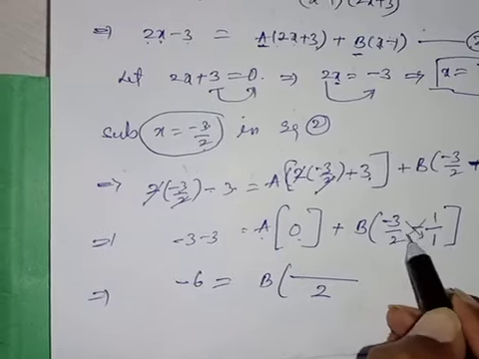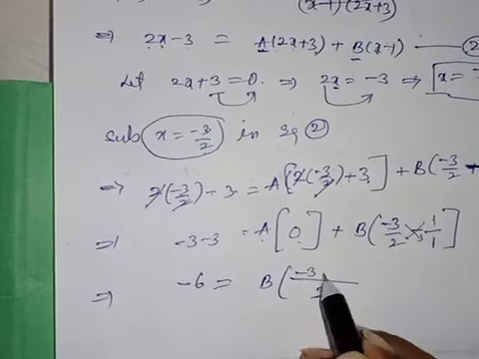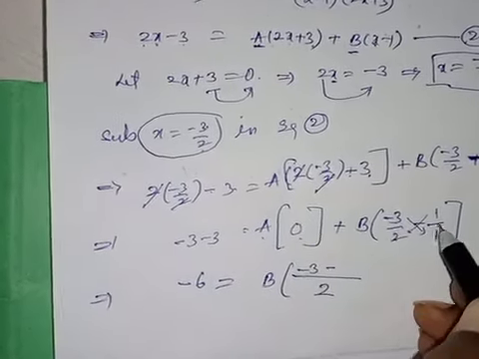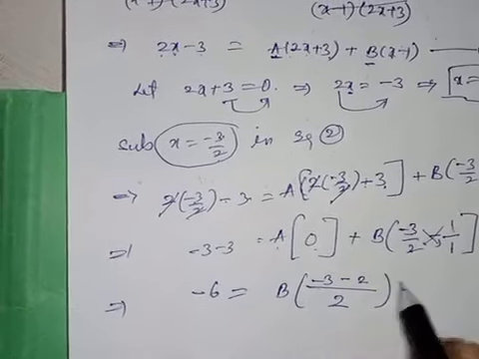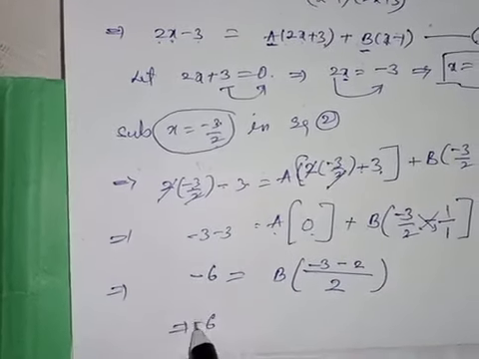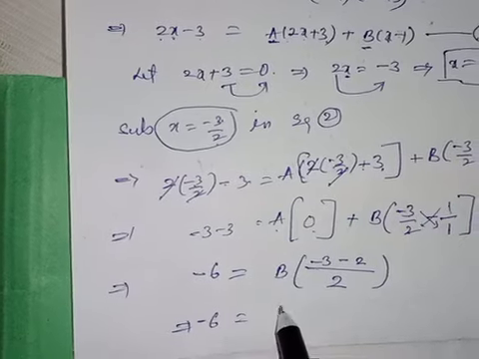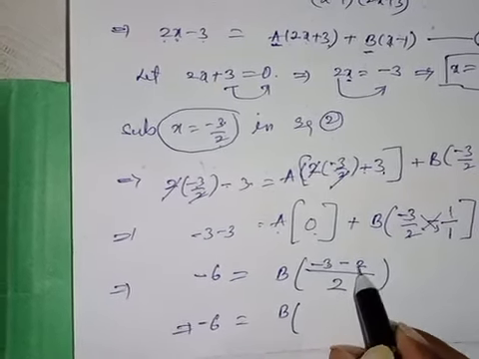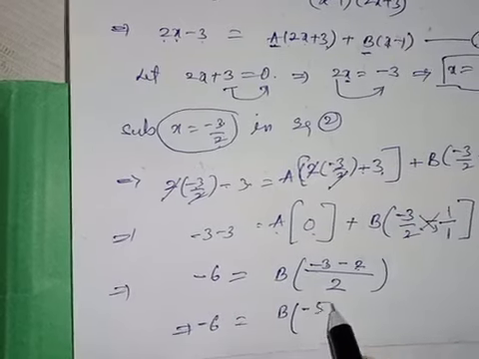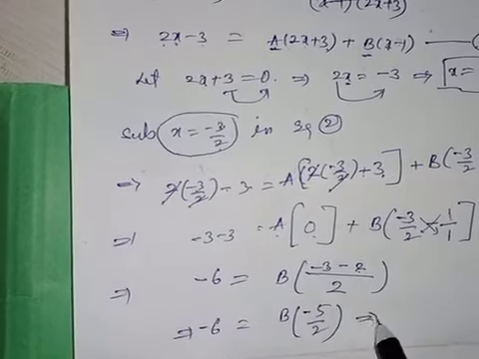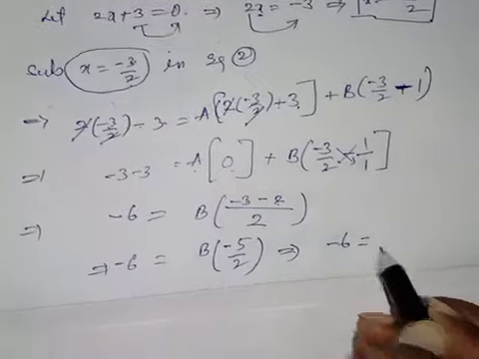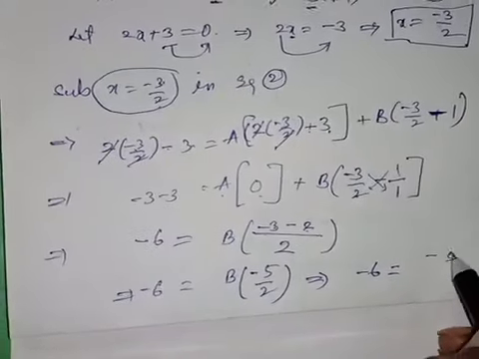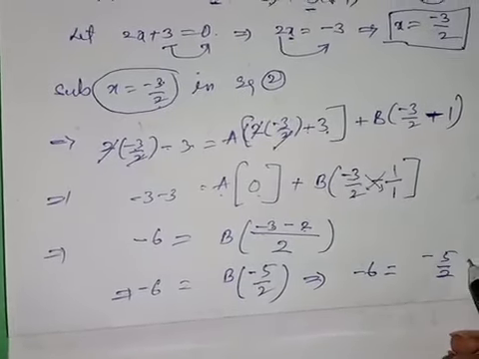Cross multiplication: −3 − 2 into 1, this is −5 by 2, so −6 is equal to −5 by 2 into B.